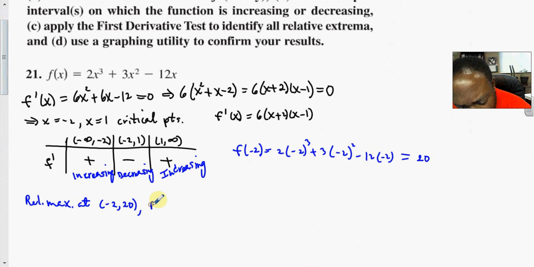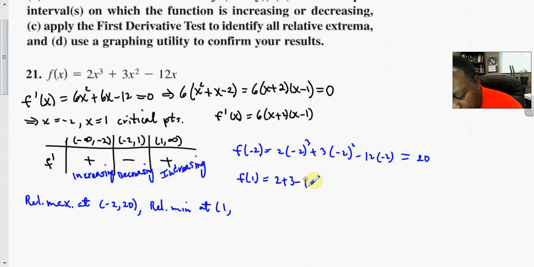So we have a relative minimum at 1 comma, this is 2 plus 3 minus 12. So we get negative 7.